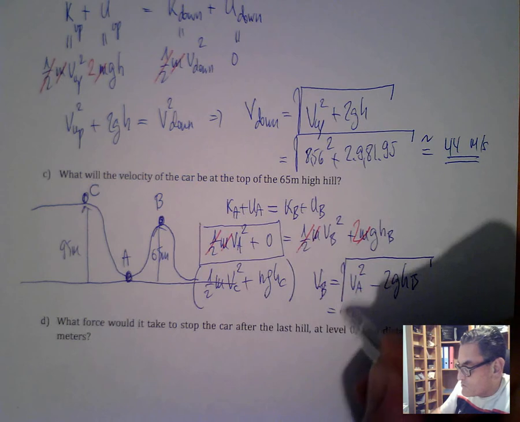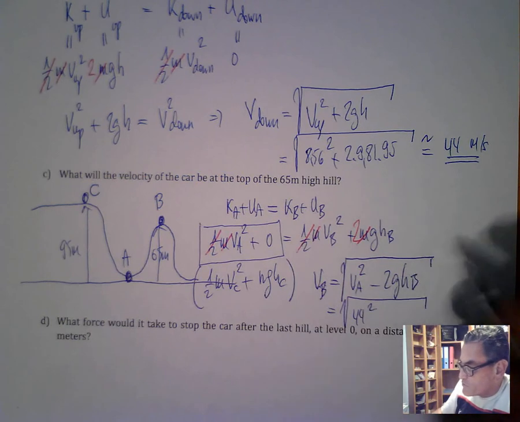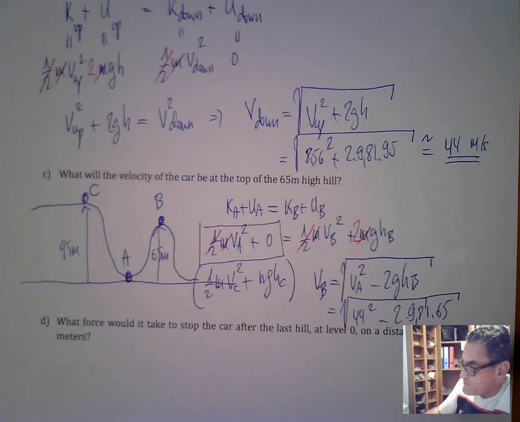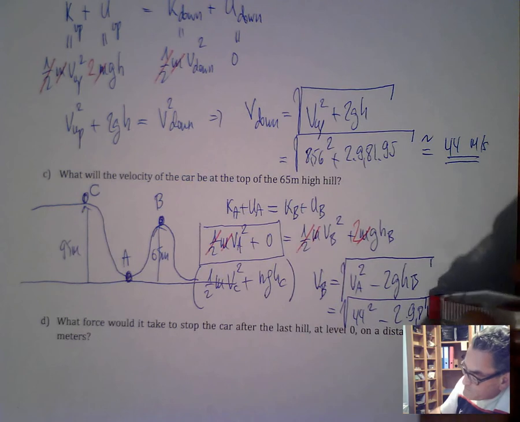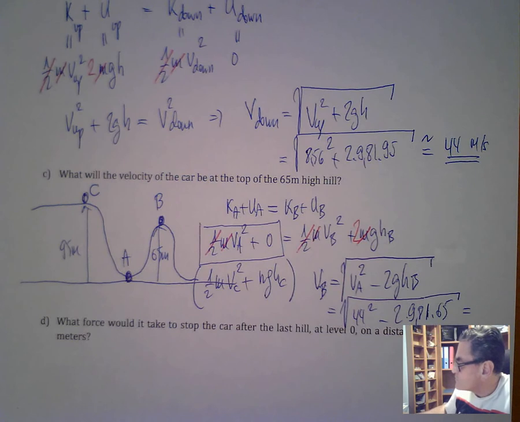Okay, so this is now the square root of 44 squared minus 2 times 9.81 times HB, which is 65 meters. Okay, and if you compute this, what do you get?